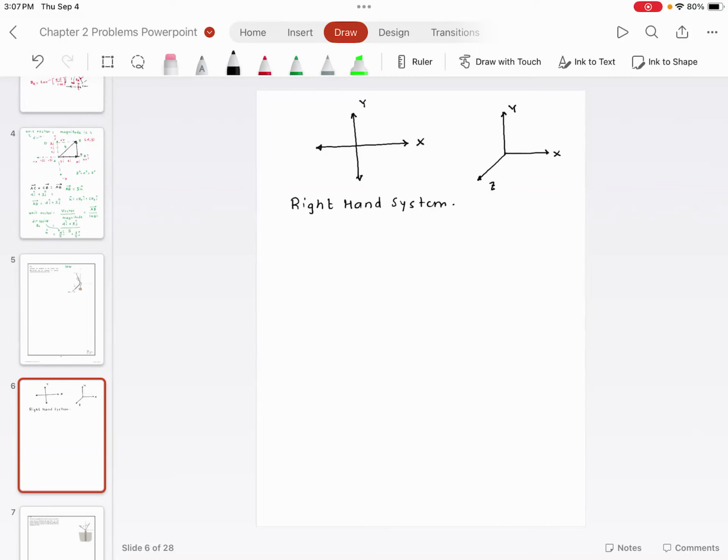Now, what is this right hand system? If you look at the three fingers on the right hand side, the thumb is going to be X, the first finger is going to be Y, and the middle finger is going to be Z. So X, Y, and Z.